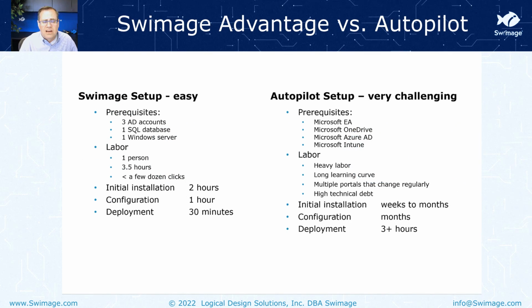Okay, I want to talk next a little bit about the ease of setup, comparing specifically to Autopilot. We're getting a lot of feedback about the challenges with Autopilot. There's a lot of push to go this direction. Microsoft is providing it with the EAs, but it has a lot of prerequisites, which is a little concerning because you have to have everything Microsoft related. You have the EA, you have to have OneDrive, Azure AD, and Microsoft Intune to really take advantage of what Autopilot's offering.